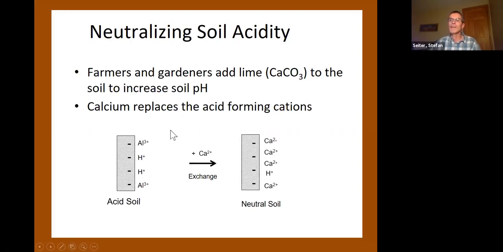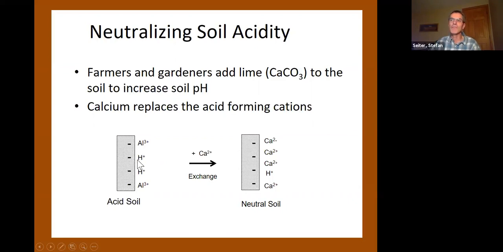So in a way, you can think about an acid soil, where these cations are basically attaching themselves to the soil, and the soil has negative charges, and it attracts positive charges, so the cations are positively charged. In acid soils, a lot of these negative, I call them docking stations here on the soil, have cations on there, and a lot of them are the cations that we don't really want.